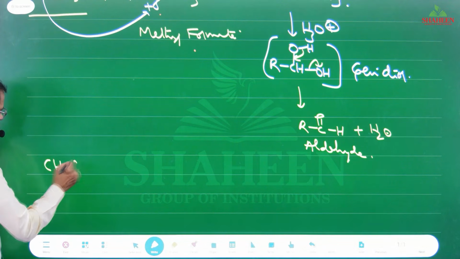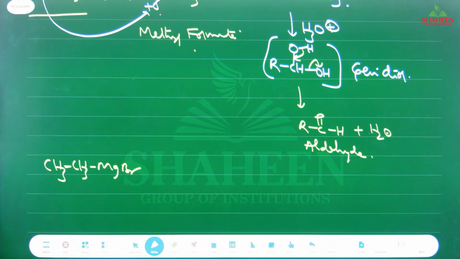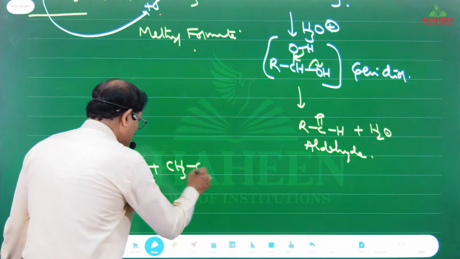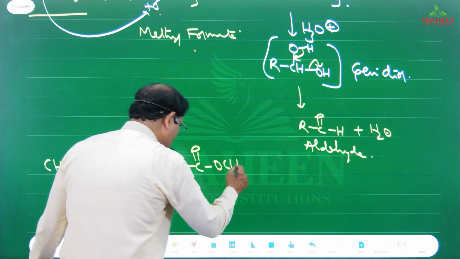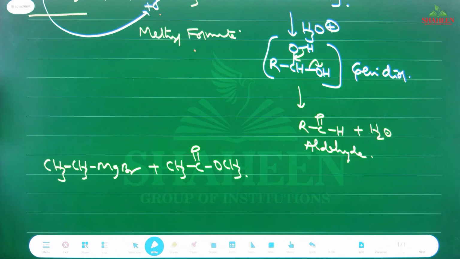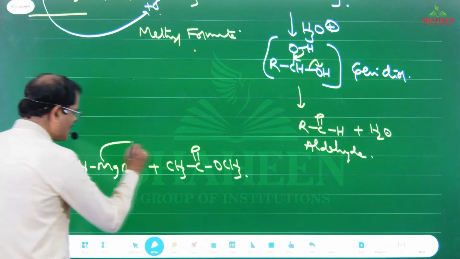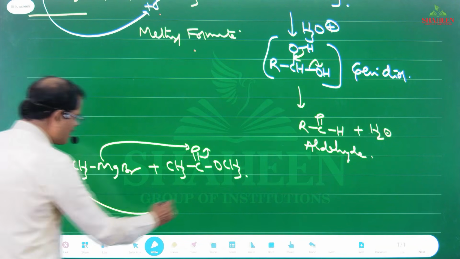So here, for example, ethyl magnesium bromide, a Grignard reagent, is treated with CH3 C double bond O OCH3, methyl acetate. Here also the same thing: magnesium bromide is added with oxygen, and the ethyl group is added with carbon.